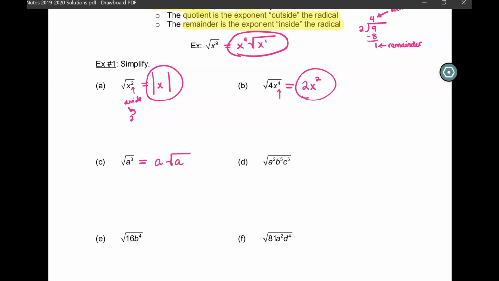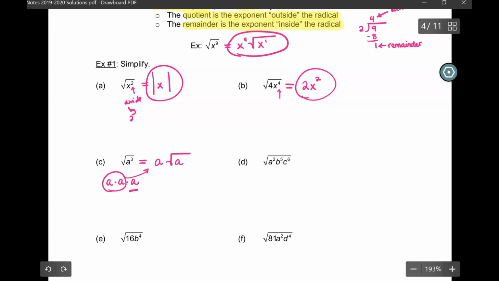If I have a to the 3rd, that's an a times an a times an a. Remember when we first talked about square roots, you're looking for pairs. Notice I have a pair of a's. That is the one that goes on the outside, and then you have one left over that goes on the inside. If it's easier for you to think like that, you can definitely continue in that method.